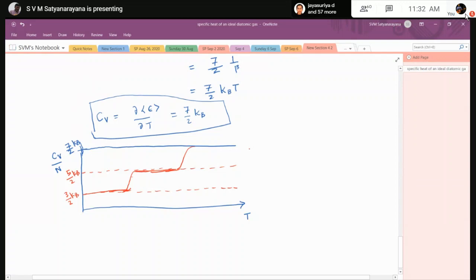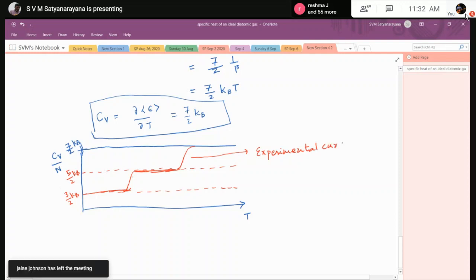So this red curve is what experiment gives, the experimental curve. So this smoothly goes. I did not draw it very nicely, but please understand that it goes smoothly from here.